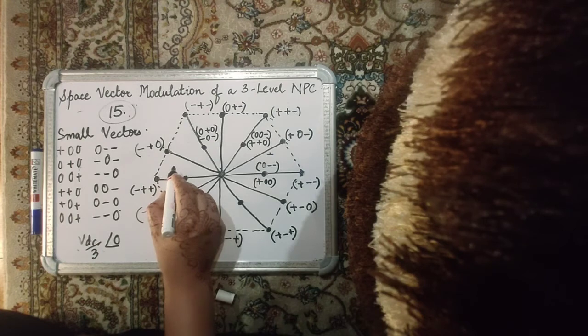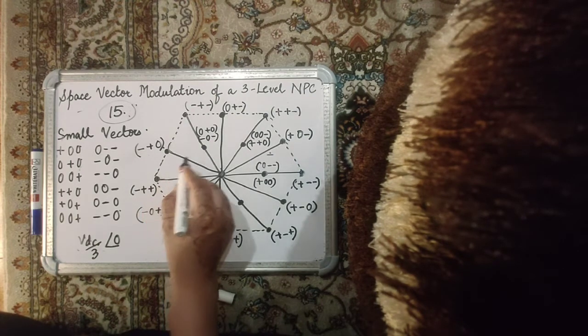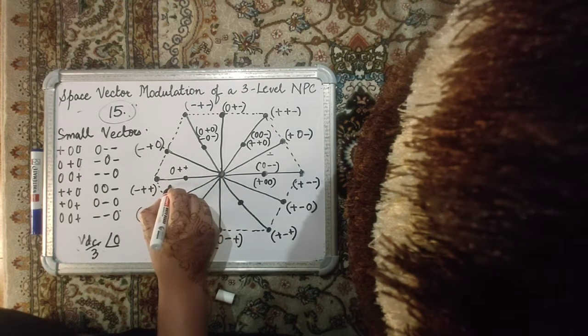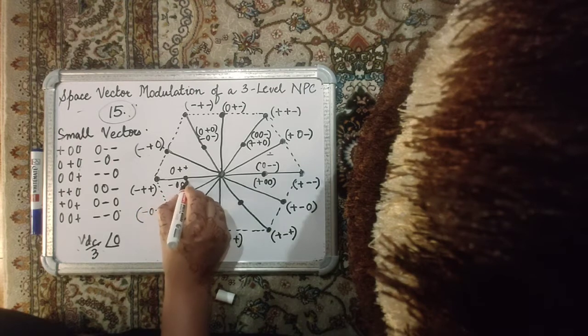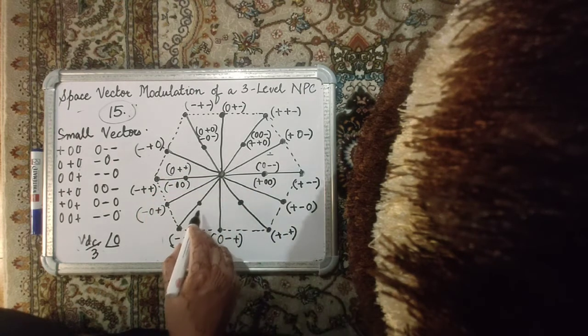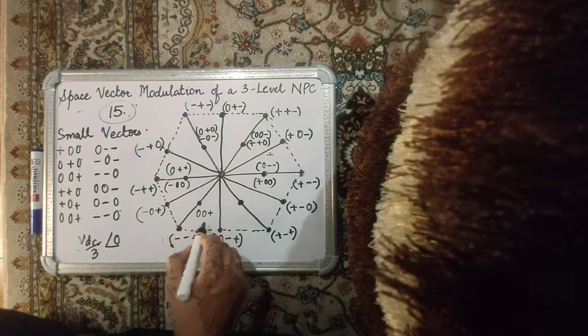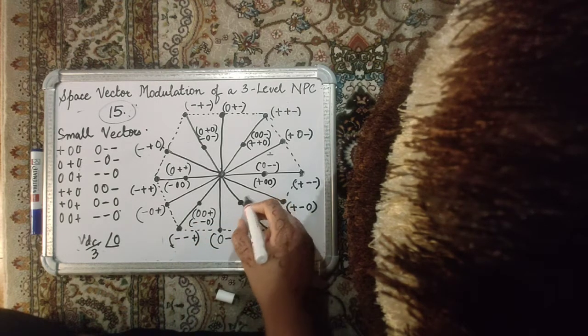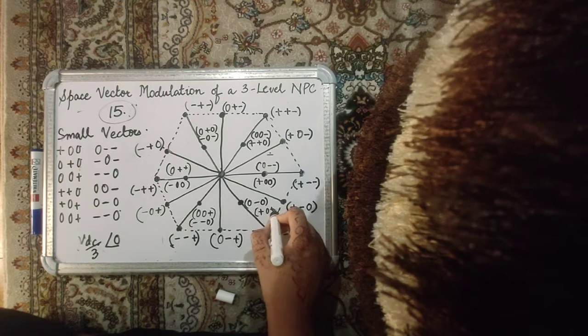Similarly, this state over here is 0 plus plus 0 plus plus, and it is also minus 0 0. And finally, you have this one, 0 0 plus, and it is also minus minus 0. This point over here is 0 minus 0, and it is also plus 0 plus, right?